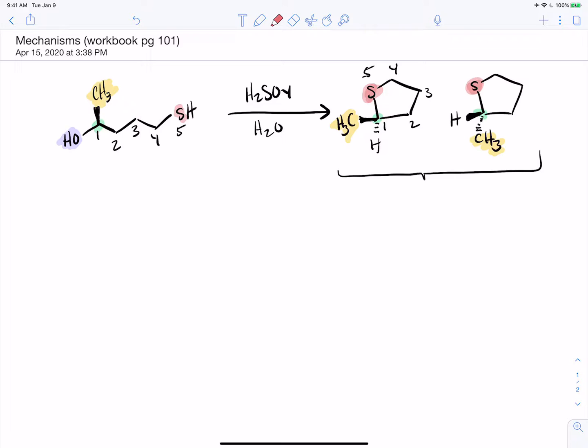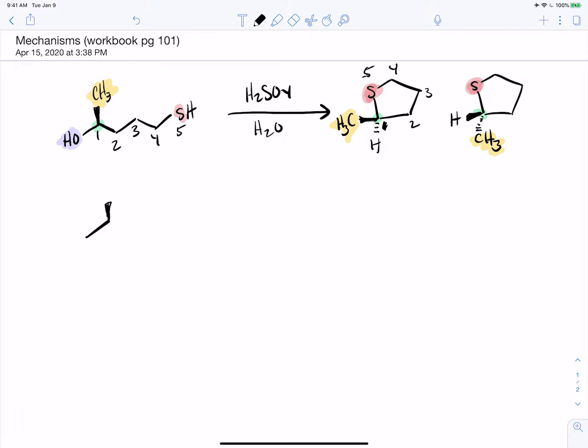So originally that carbon 1, this carbon 1 here, that I've highlighted in green, was bonded to an oxygen. Now that oxygen carbon bond has been replaced by a sulfur carbon bond. And the weird thing here is that the sulfur is connected back into the molecule. But as you'll see, hopefully, when I draw out the mechanism here, it's not that much different than stuff that we've learned already, even though it looks kind of wonky.